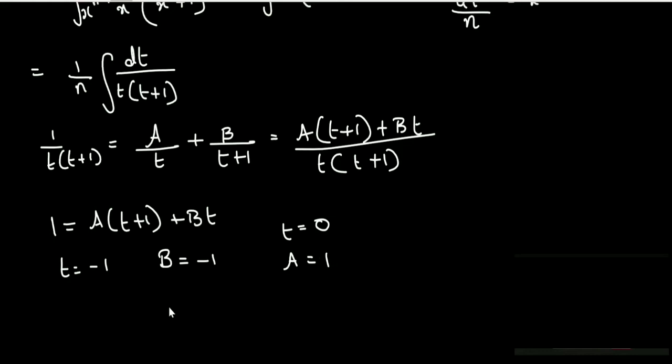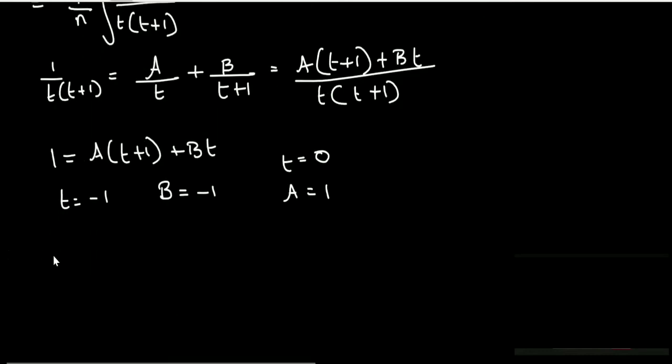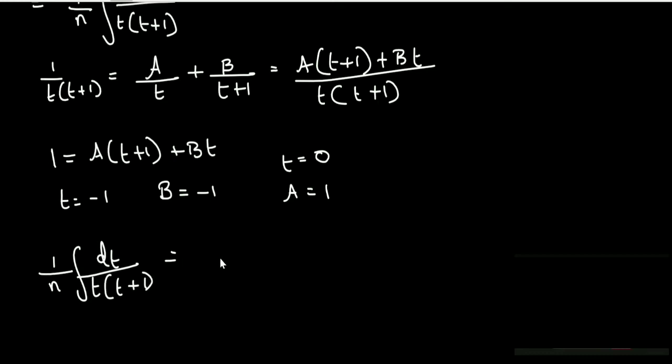So this integral will now reduce to 1 by n integral dt by t into t plus 1, which will become integral 1 by t into t plus 1 is a by t. A is 1. 1 by t dt. B is minus 1.